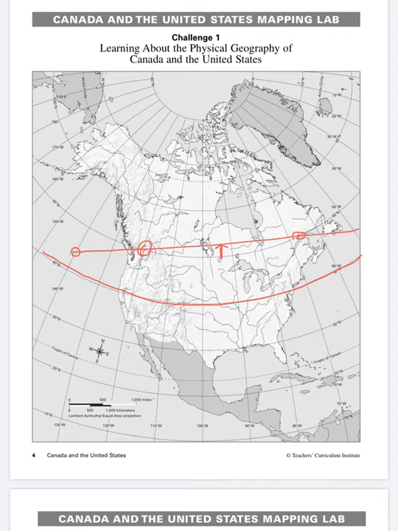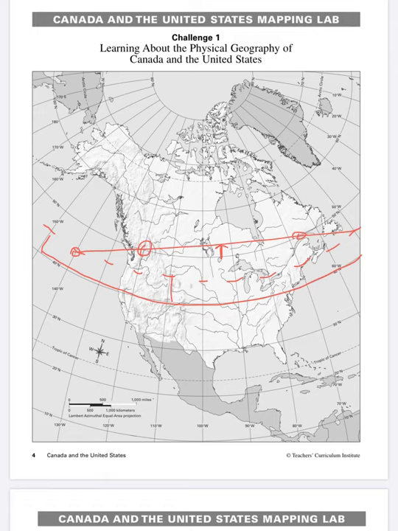I have to notice that sometimes maps are going to look a little bit different, and I need to remember that lines of latitude are parallels, which means that I have to stay an equal distance away from that line in order to be at 45 degrees north at all times.